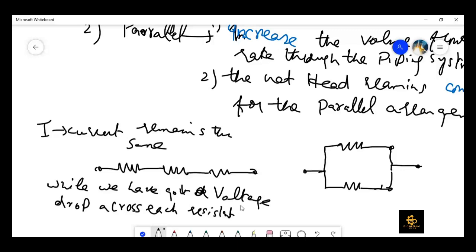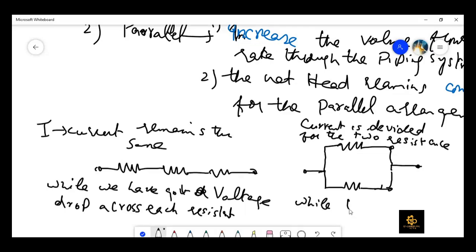In the parallel case, the current is divided for the two parts, for the two resistances, while the voltage remains the same.